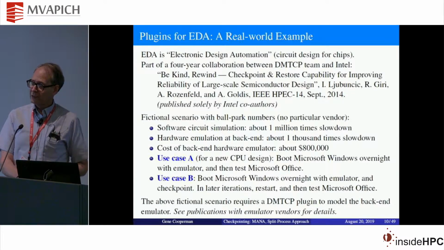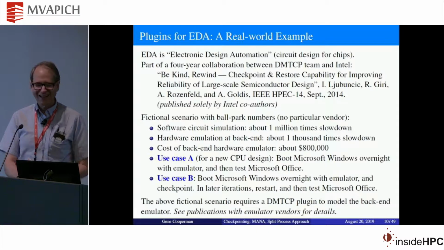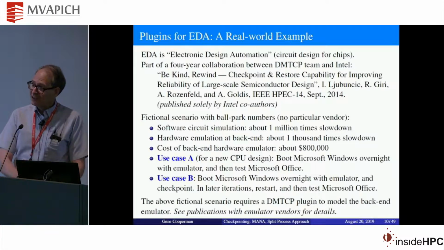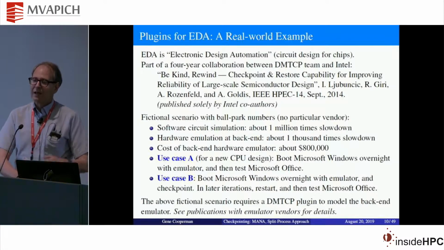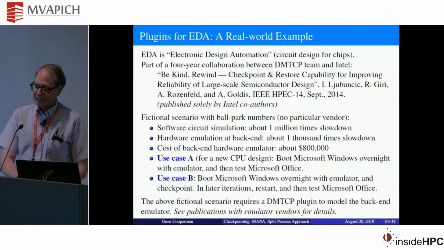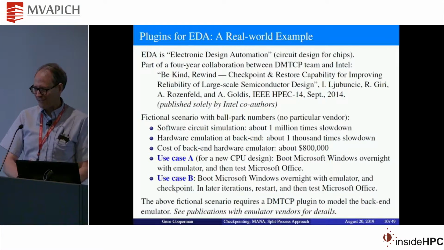The vendor of the emulator, their work is also proprietary. They're not going to share it with us. And we have this open source software in the middle. So what's going on is, with the encouragement of Intel, the vendor of the emulator develops a plugin that runs on top of our DMTCP checkpointing.